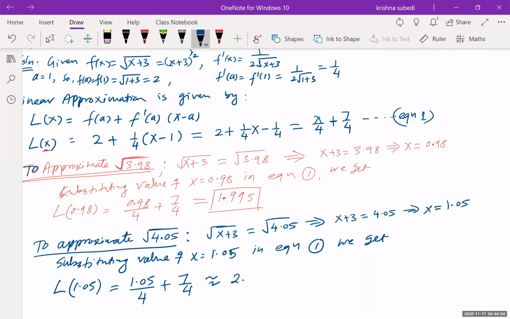I think somebody already answered that. 2.0125. Okay, 2.0125. All right. Yeah, that's it. So that's the approximate value.